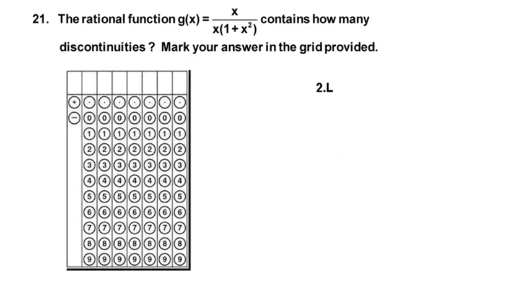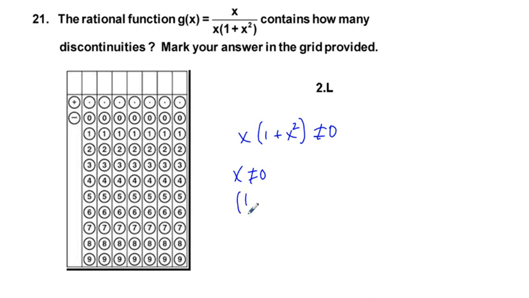21, the last problem we have. The rational function g of x equals x over x times 1 plus x squared contains how many discontinuities? We can set our denominator, as always, equal to 0, or not equal to 0. So x cannot equal 0. That's one discontinuity.